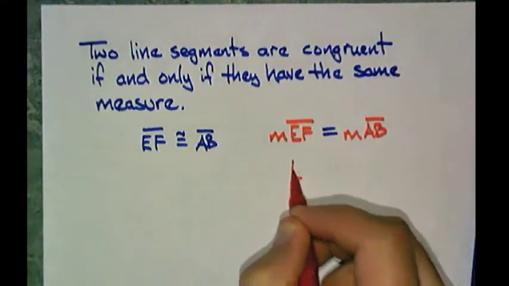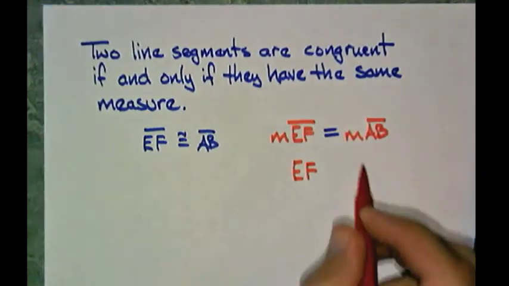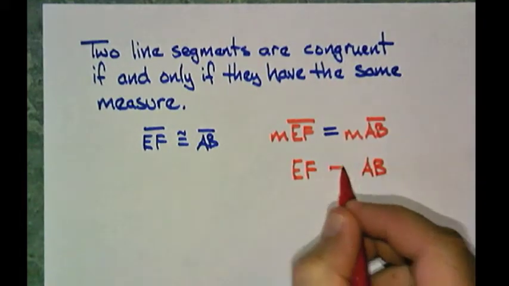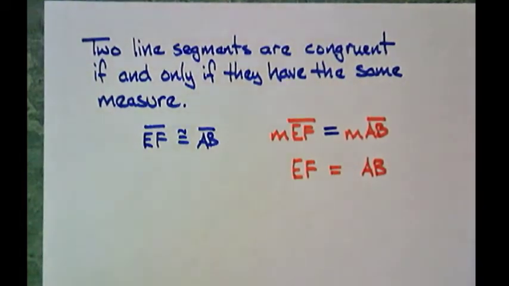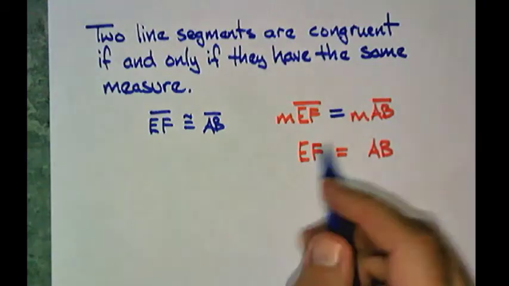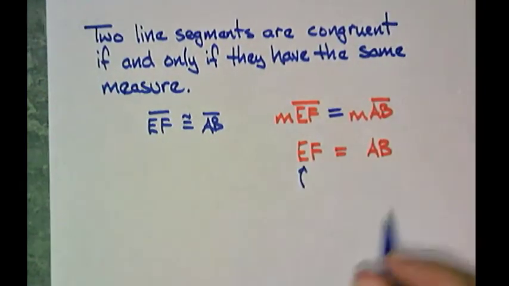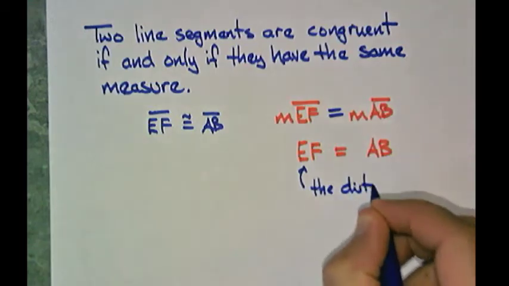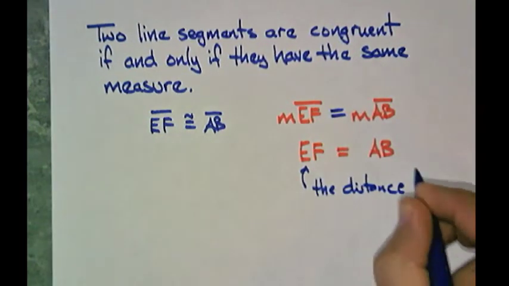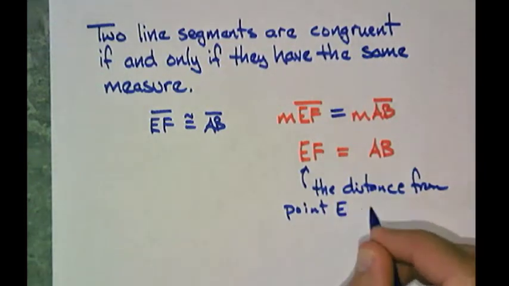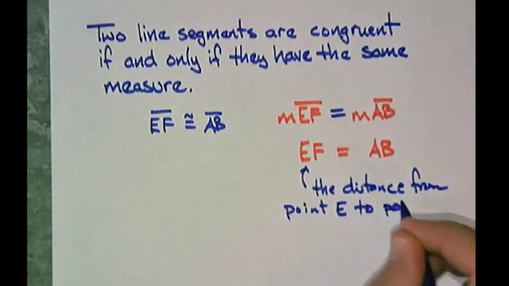If I write EF and AB with nothing above them, and as you remember, the capital letters are reserved for points. So this is EF. What that translates is the distance from point E to point F.